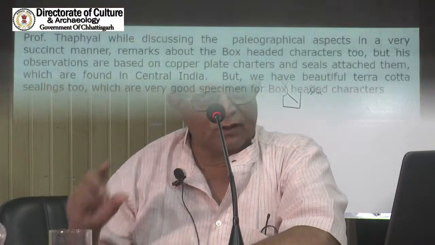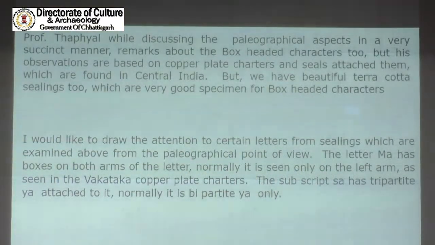Somewhere I have to highlight this. His observation was on copper plates, and here we see in a clear manner seals attached to them. Copper plates have sealings, which are found in central India, but we have beautiful terracotta sealings too, which are good specimens for box-headed characters.